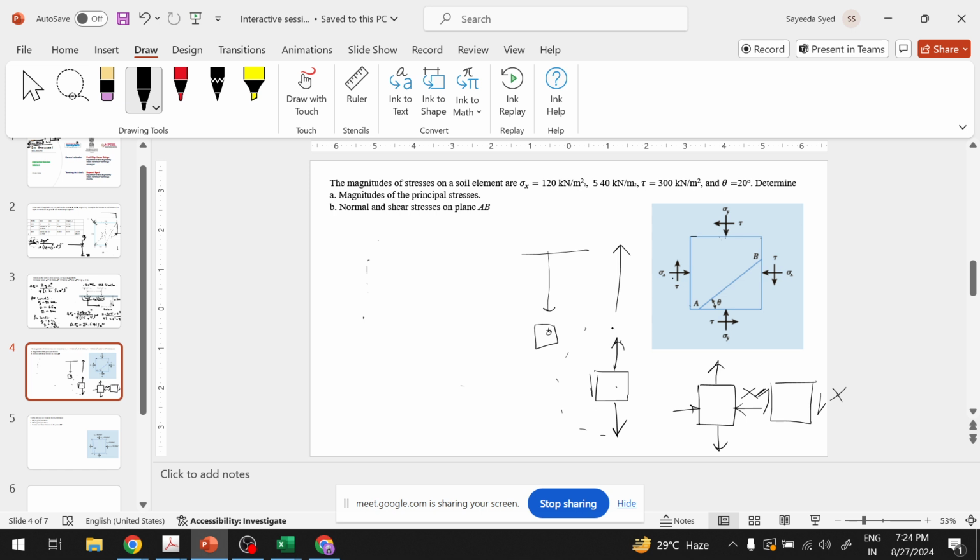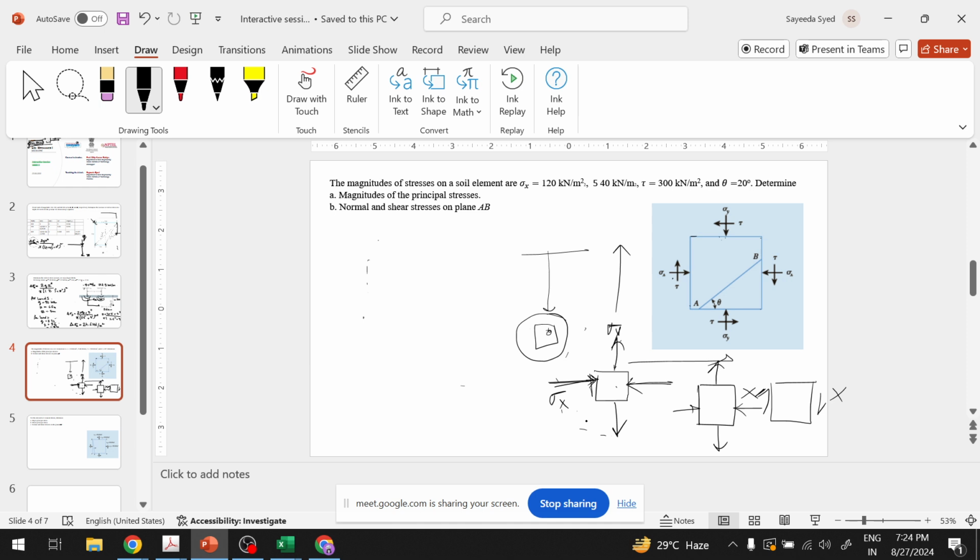So this is one force. Let us call this Fy, sigma y, and then there will be maybe a compressive force in this direction. It is also in pair, because only one direction will mean that the soil is running in this direction, which is not true, because this is in equilibrium, this is static here.